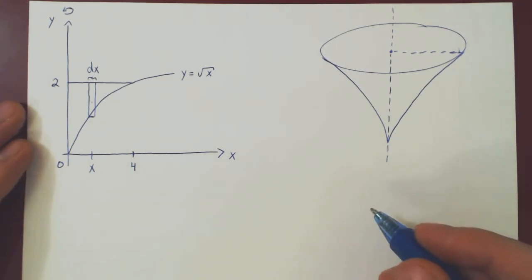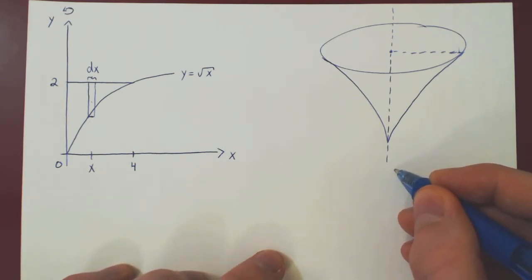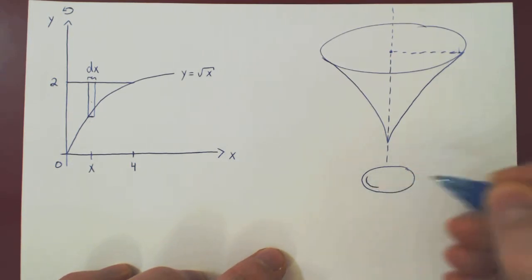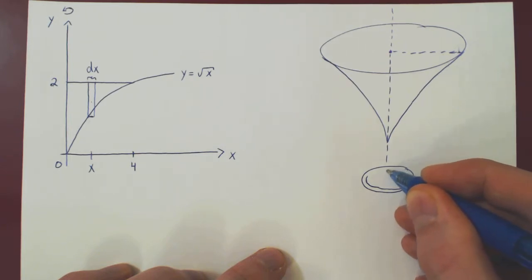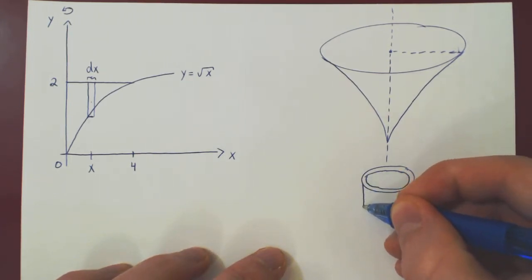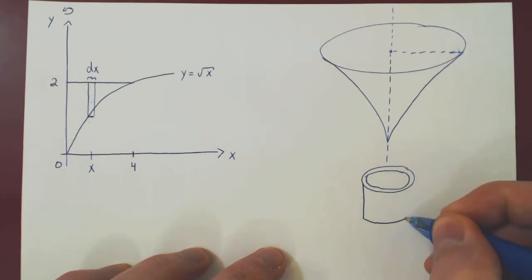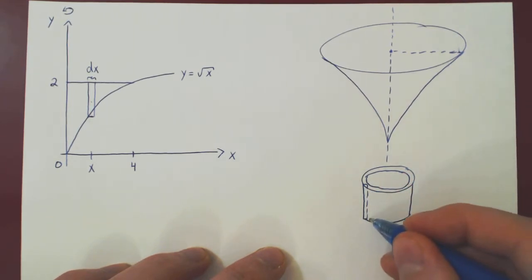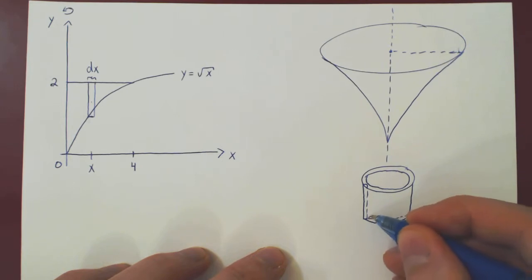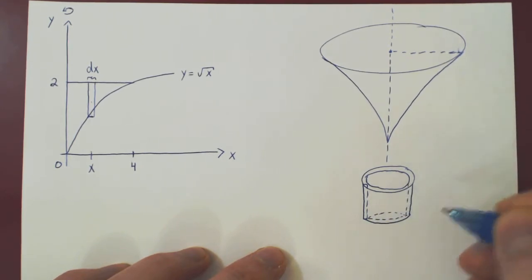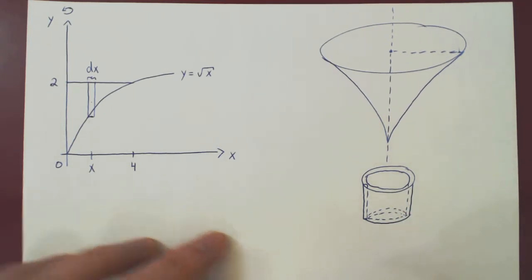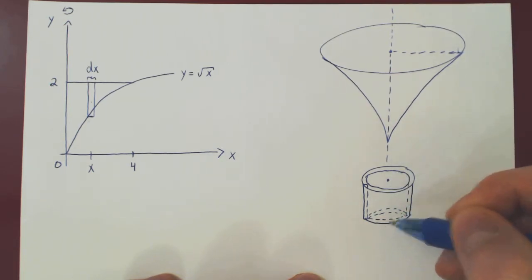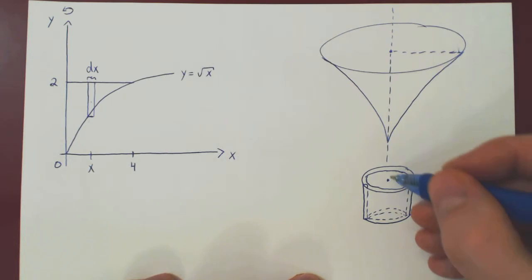So let me produce a sketch here. So we have our cylindrical shell, and as always, the center of the cylindrical shell is the axis of revolution.